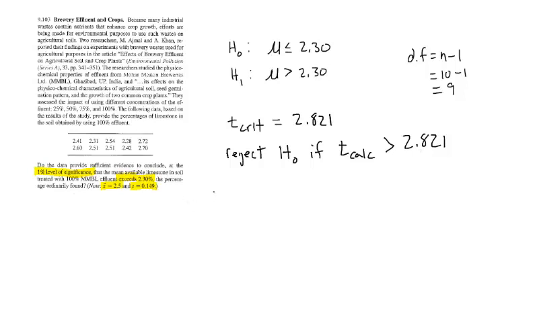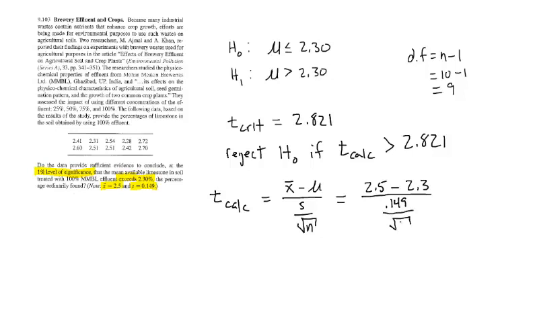Now that we've found our critical value and set up our rejection region, we want to find our t-calc. So t-calc is equal to x bar minus mu divided by s divided by the square root of n, and that is equal to x bar, which was 2.5, minus mu, which was 2.3, divided by s, which was 0.149, divided by the square root of 10.